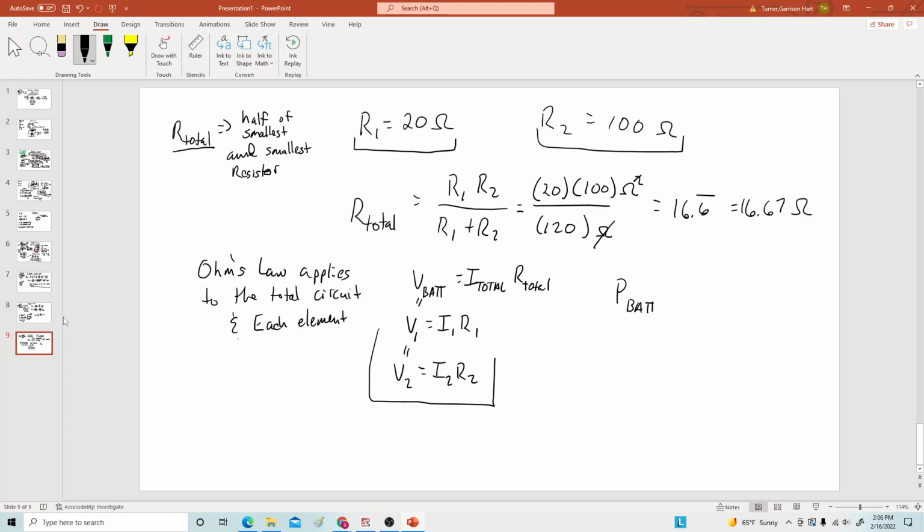And you can show that the power of the battery is equal to the power of each individual resistor summed up.